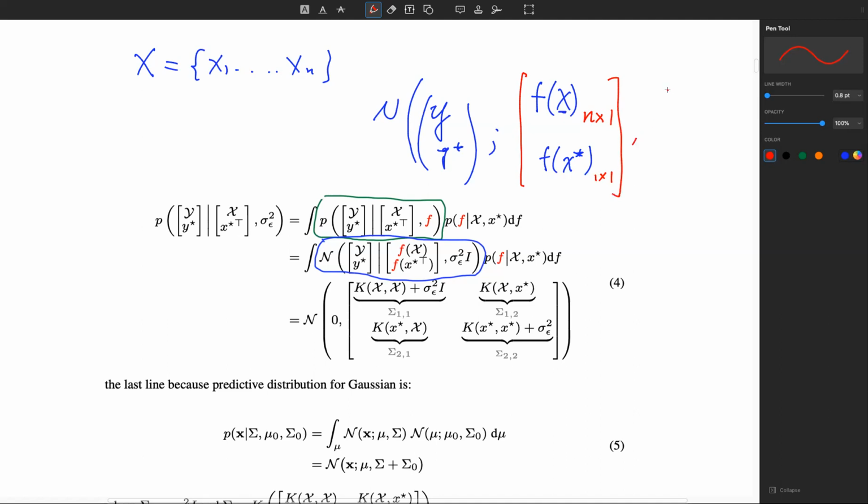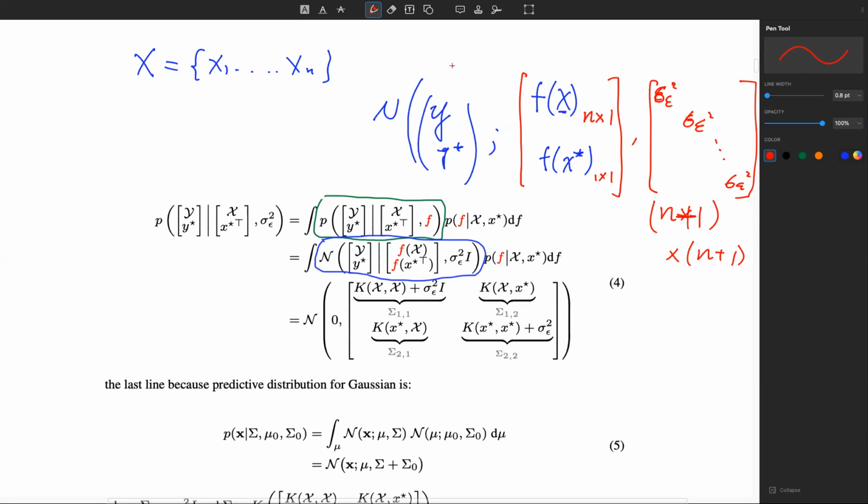And then you also have your covariance matrix, which is n plus 1 times n plus 1. But it's entirely diagonal, so it will be sigma epsilon squared, sigma epsilon squared, and sigma epsilon squared. You have n plus 1 times n plus 1 size. Is that okay?